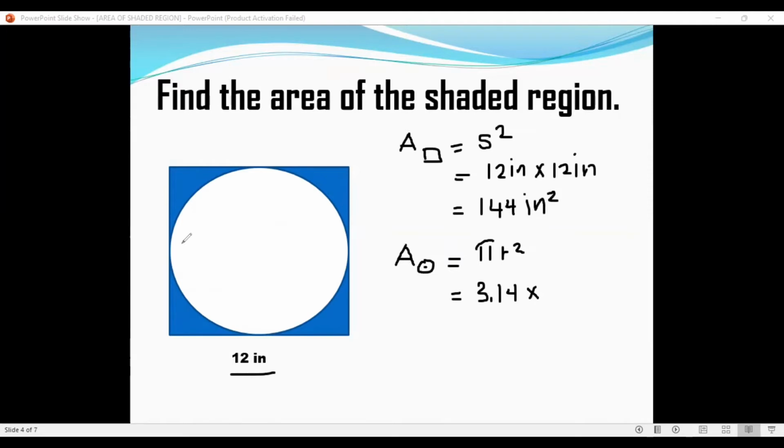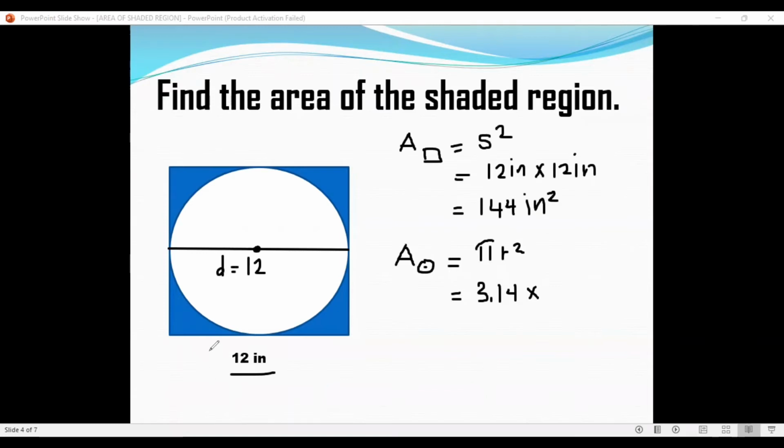If you cut across, this will be the same length as the 12, and in connection to your circle, this 12 refers to the diameter.